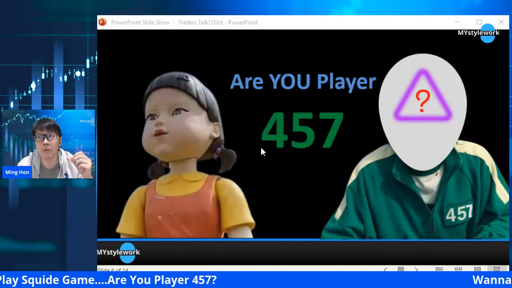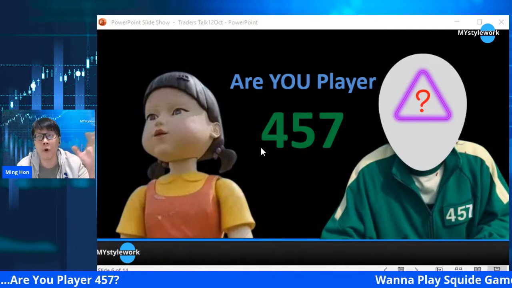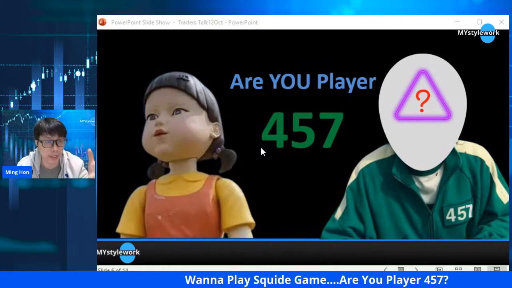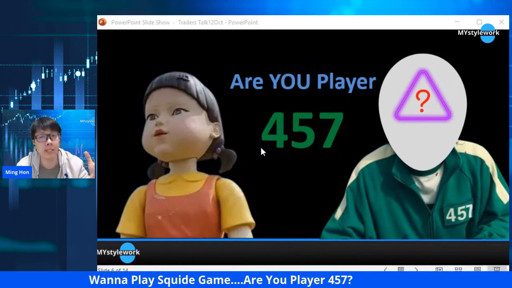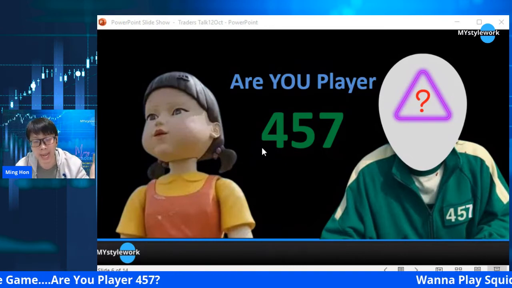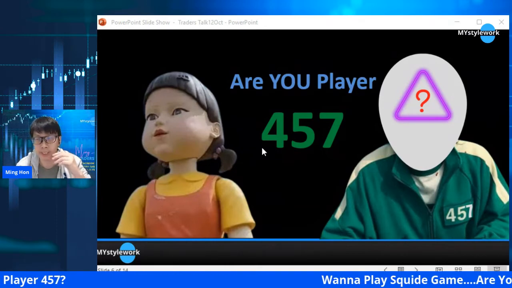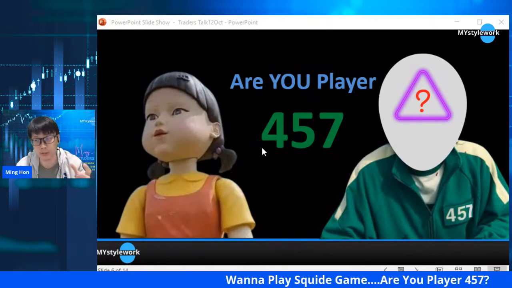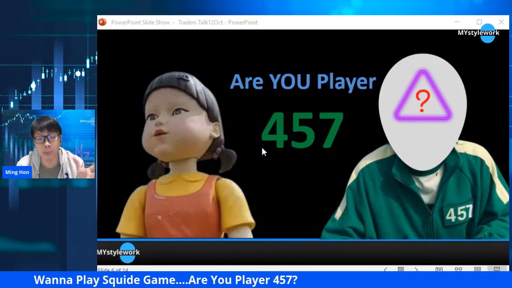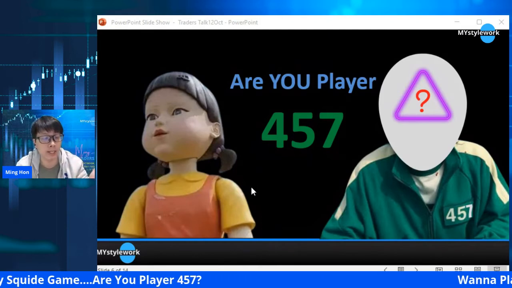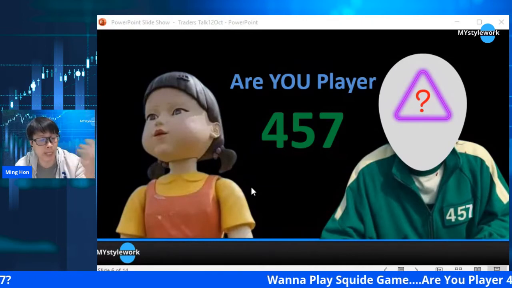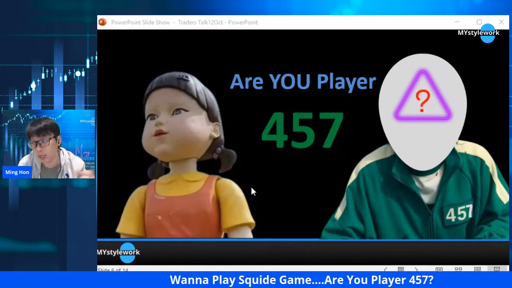It's about 456 people who joined this game. They were invited to play this game, and they were sedated and taken to a remote island. It's not a spoiler for those who have not seen it. That's why I asked whether you have seen it, and I saw the thumbs up means that you have seen it. So I'm not a spoiler here.